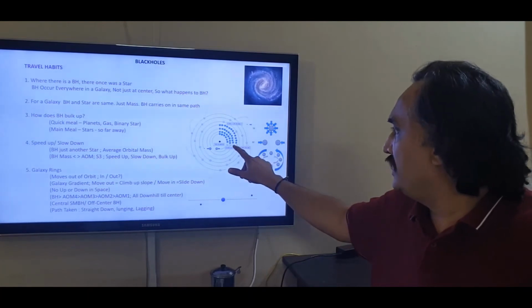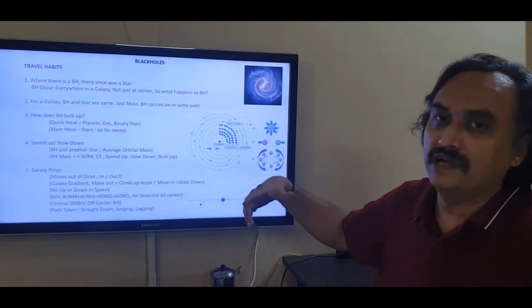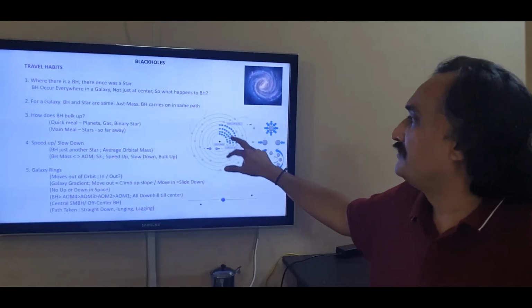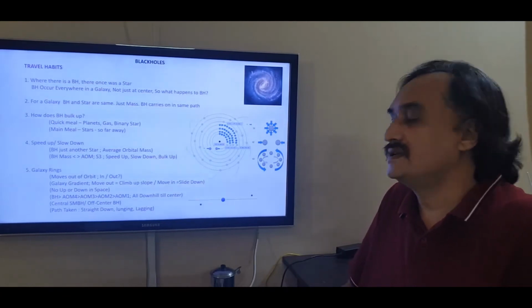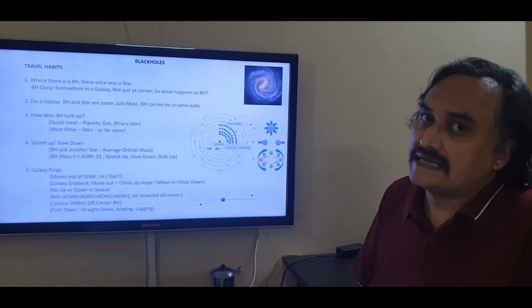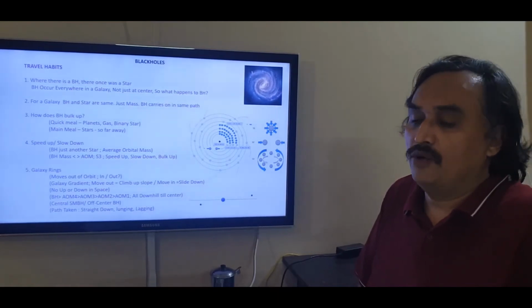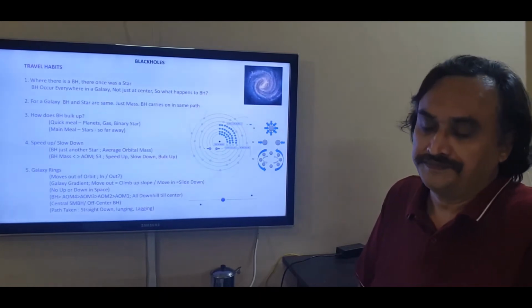So if there is a black hole forming in this orbit, over millions of years it would clear this up. Just the way you see Saturn's rings, you should be able to see the rings in the galaxy, and we see that that doesn't happen. That means the black hole is not staying in the same orbit, it is moving out of that orbit.